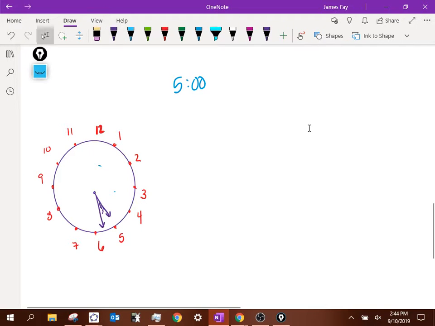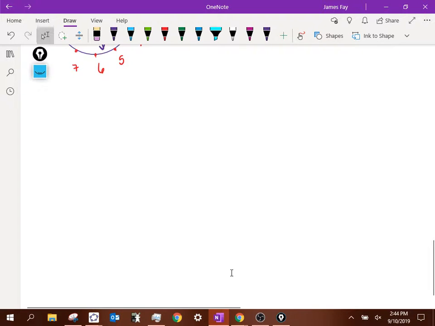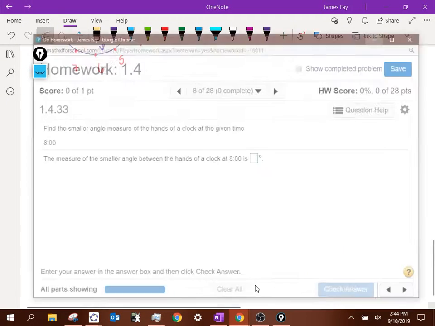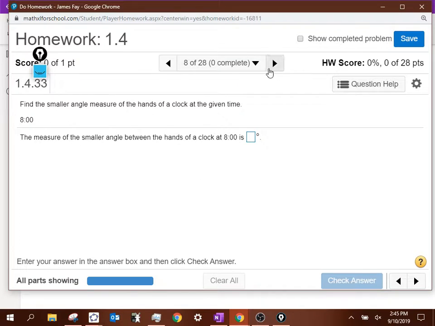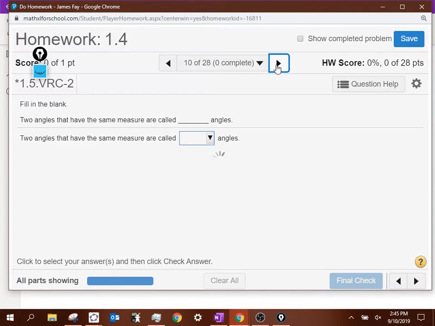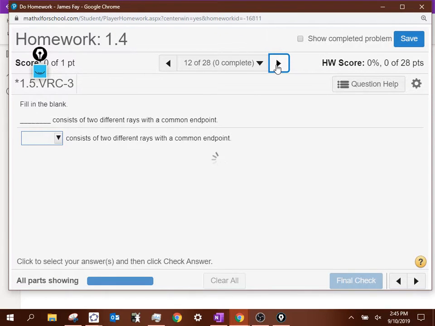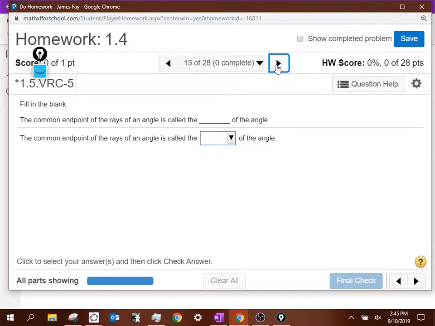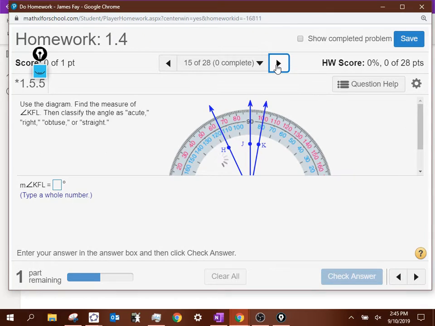Are there any others on that assignment that you guys feel uncertain about? Were there any with the actual angle addition questions that were troublesome? Anything with the protractor?